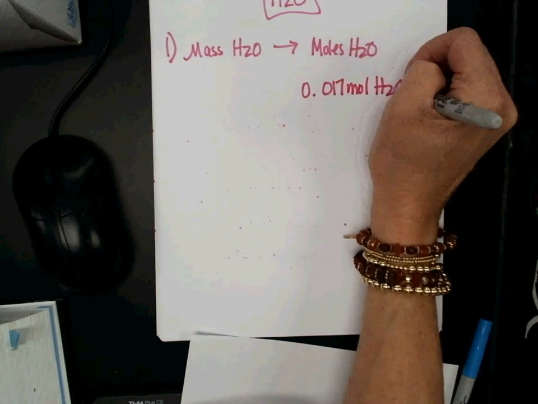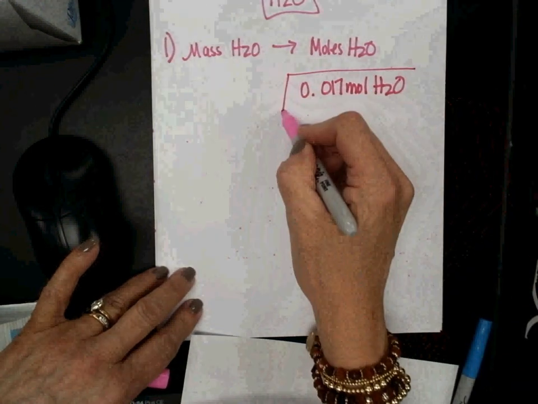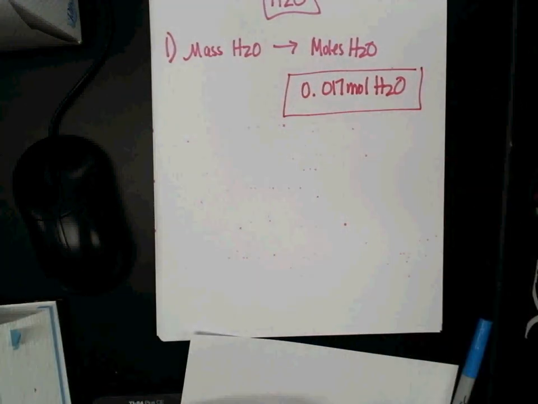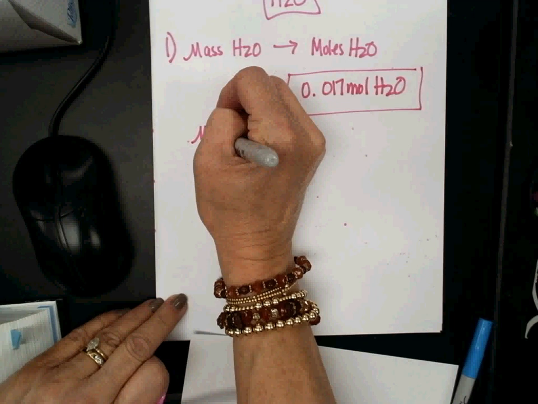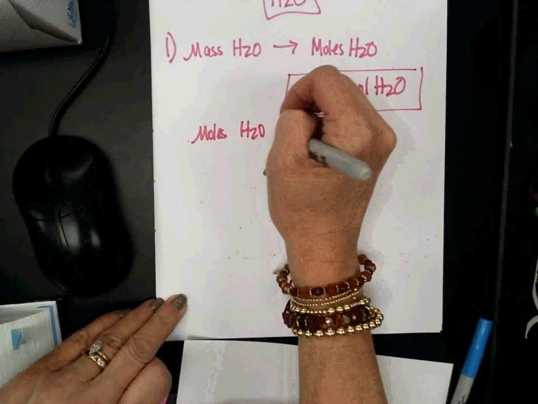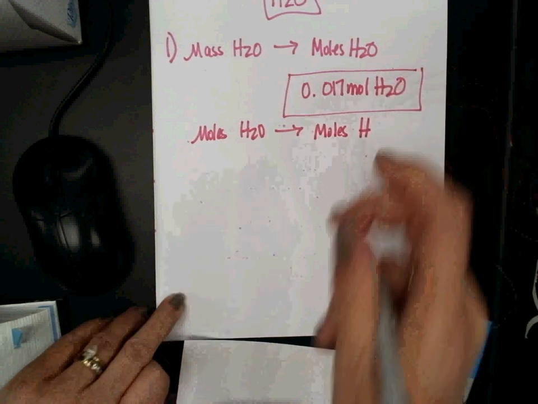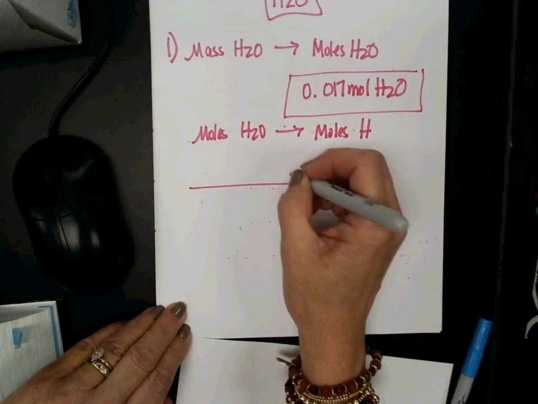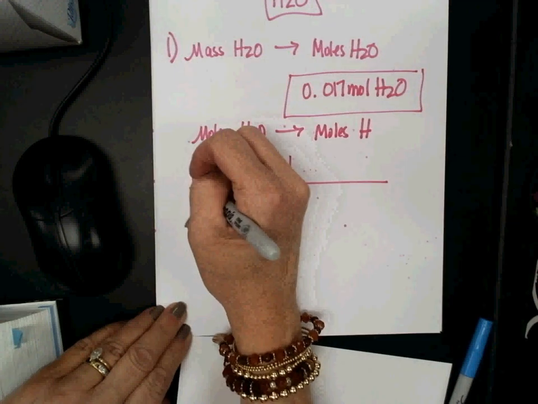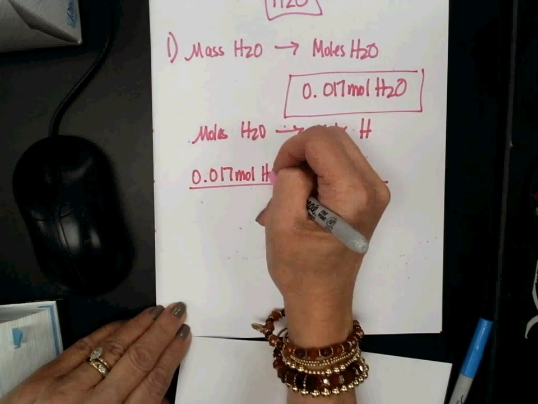Luke, how many moles of H2O do we have? 0.017 mole H2O. Everybody agree with that? Anybody need to see it? Okay, so go ahead and box that off. Let's set the next one up. Let's go moles H2O to moles H, not H2, moles H. See if you set that up right.